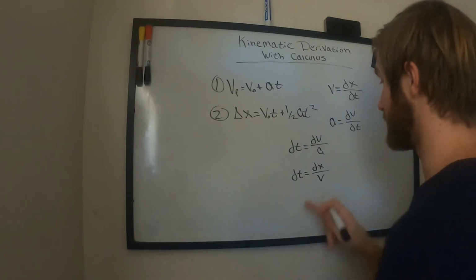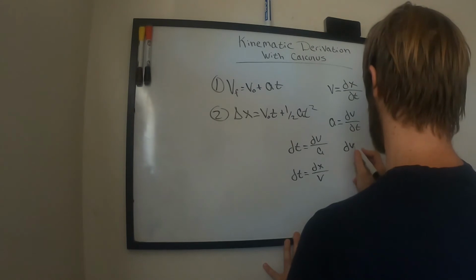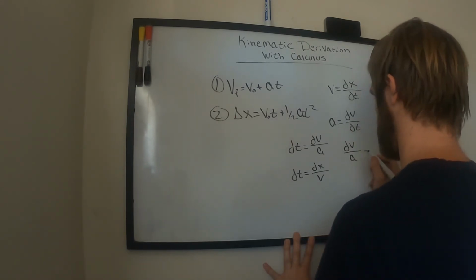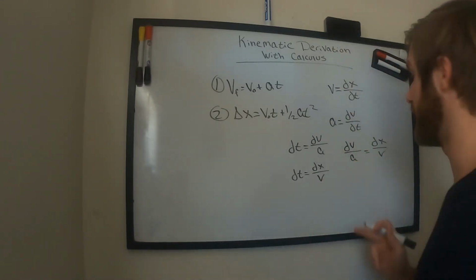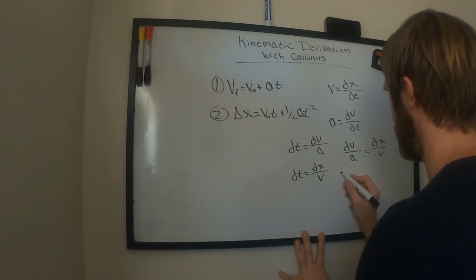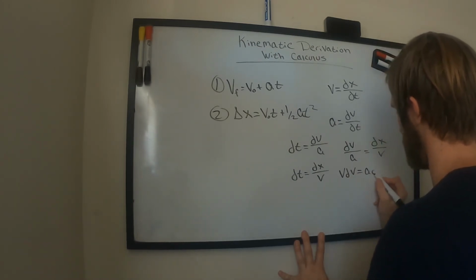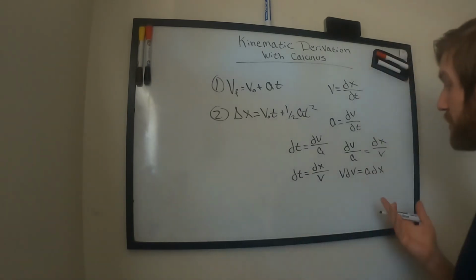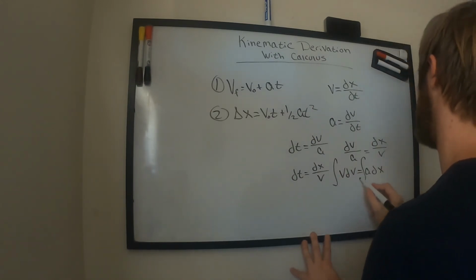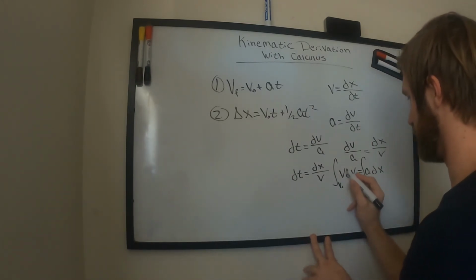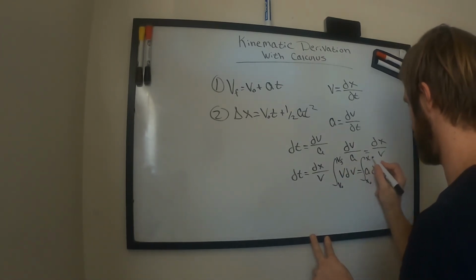And at this point, we can just set these two equal to each other. So we're going to have dv over a is equal to dx over v. And now we can just cross multiply. So we're going to have v dv equal to a dx. And at this point, we can now integrate both sides. So we're going to have v initial to v final, x initial to x final.